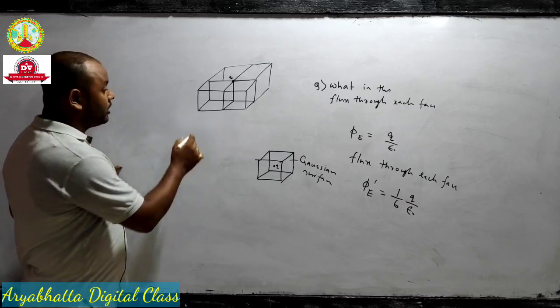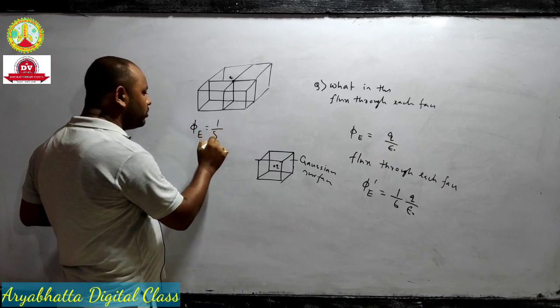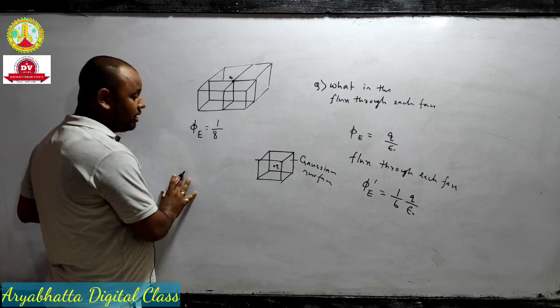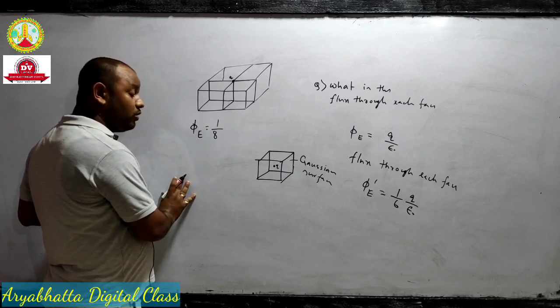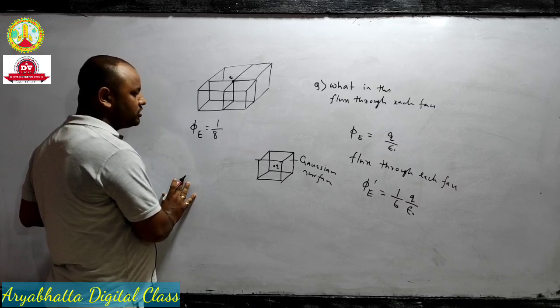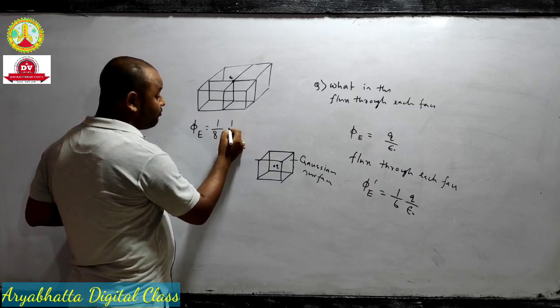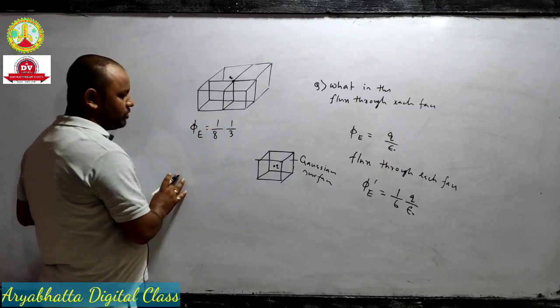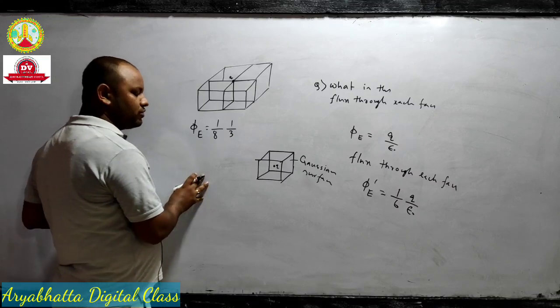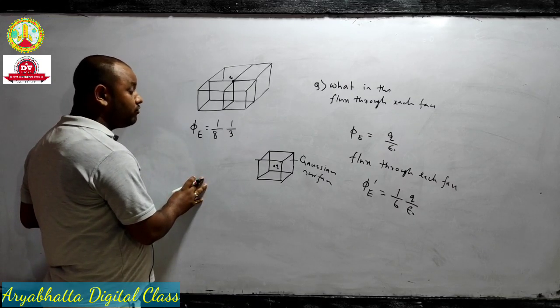That is why the total flux phi E will be, there are 8 cubes, so 1 by 8 will come. In 1 cube there are 6 faces, but the flux is there for only 3 faces.